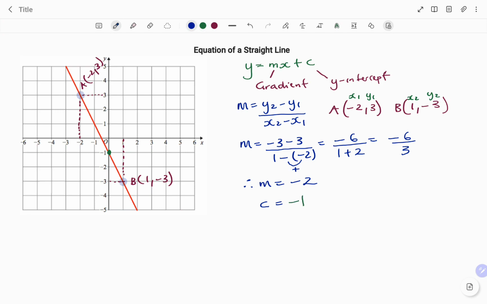So therefore, writing the equation of the line using the standard equation, I have my y equals mx, m in this case is -2, so -2x plus c, but c is -1, so I'm going to write that as -1. So the equation of this line is y equals -2x minus 1.